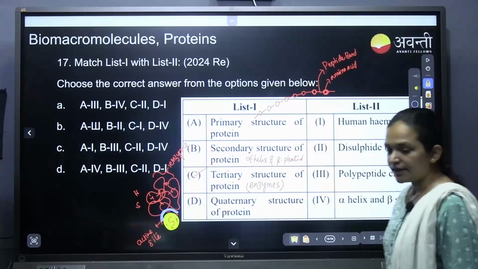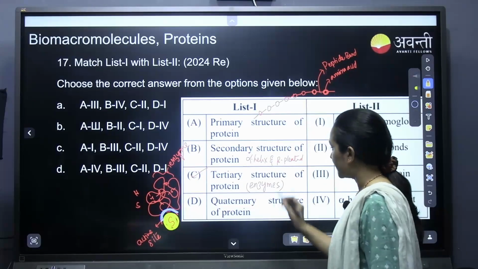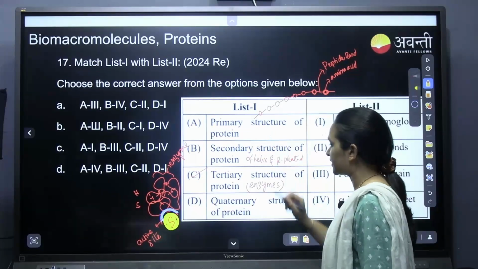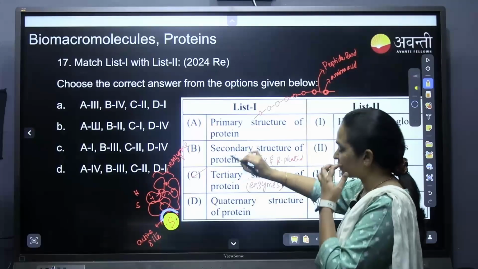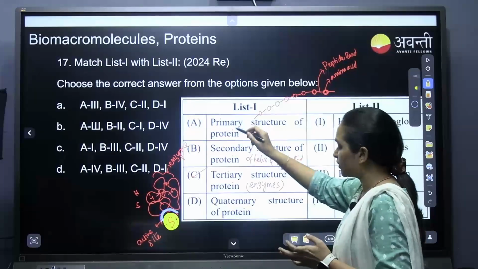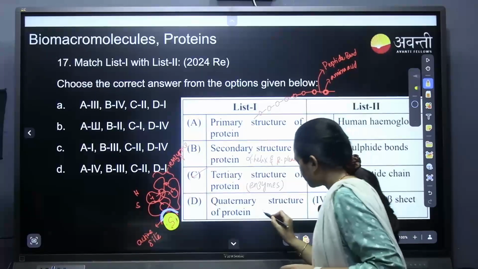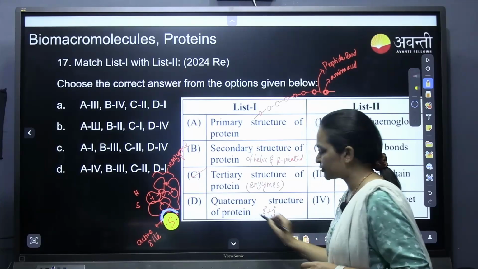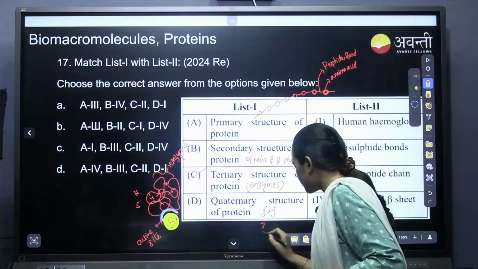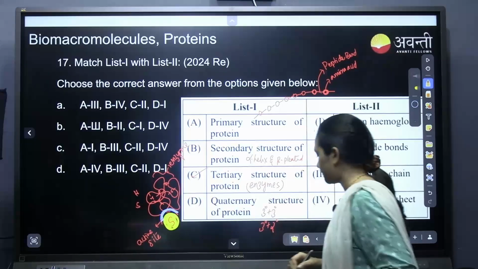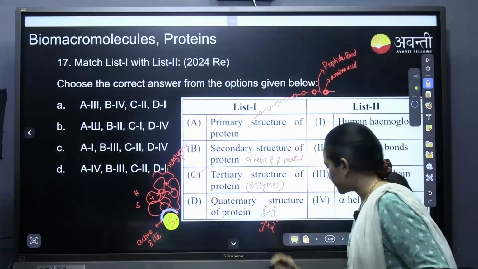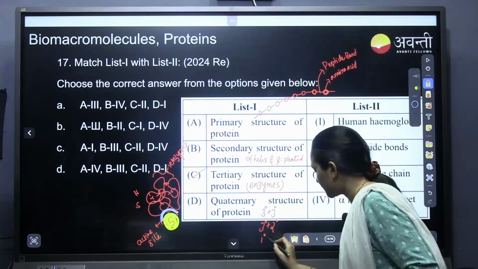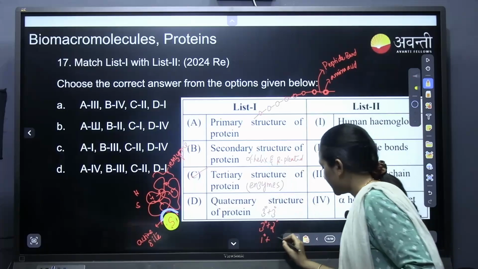Quaternary structure means any two or three of these forms combining together. For example, two tertiary structures joined together make a quaternary structure. Or a tertiary structure joined with a secondary structure, beta pleated or alpha helix. Or a primary structure, that is a polypeptide chain, joined with a secondary structure.